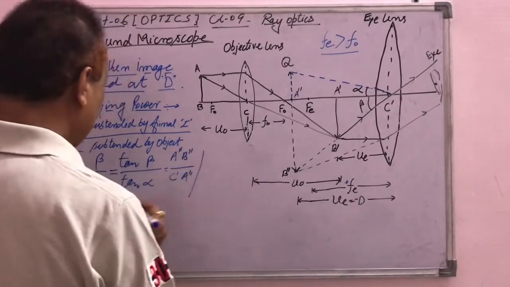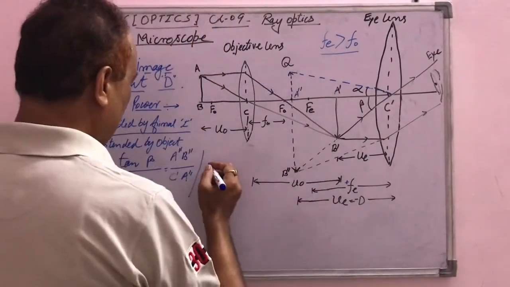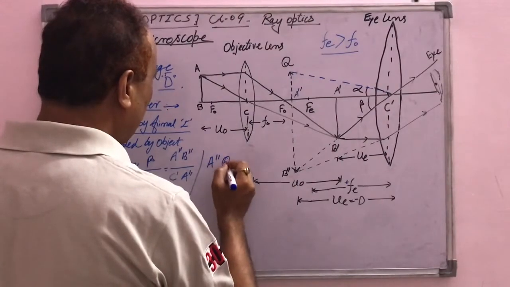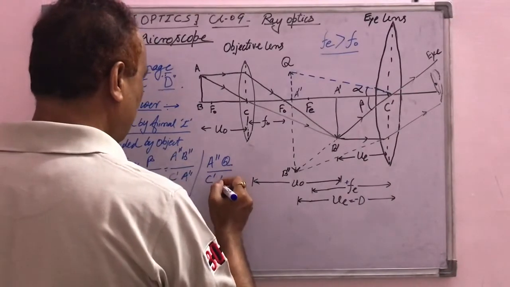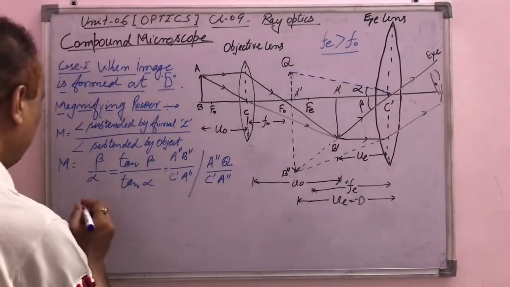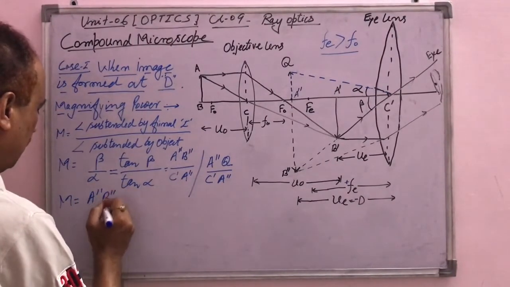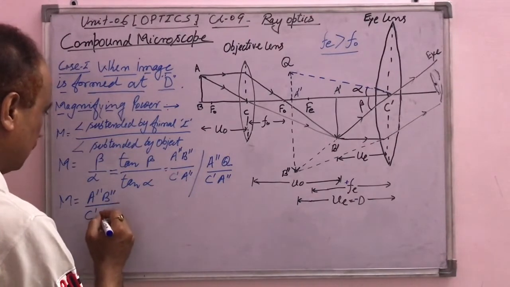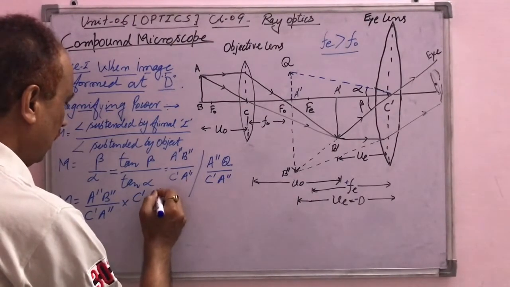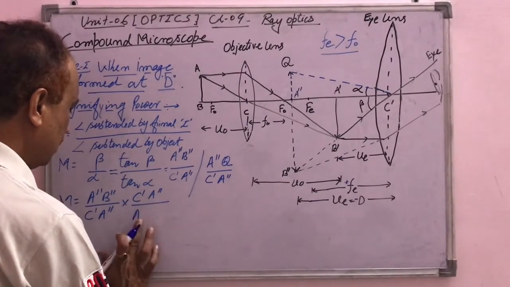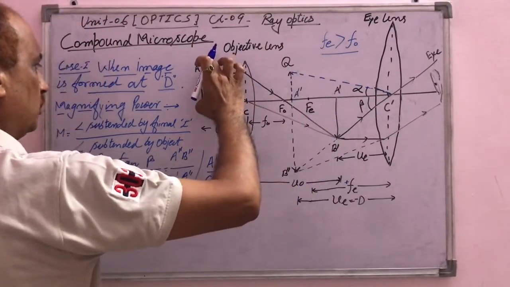Now divide by tan alpha, and tan alpha here is A double dash Q divided by the same distance C dash A double dash. Then simplify. So M will be equal to A double dash B double dash divided by C dash A double dash, into, we have to invert it, C dash A double dash divided by A dash Q, and A dash Q is equal to the height of the object AB.